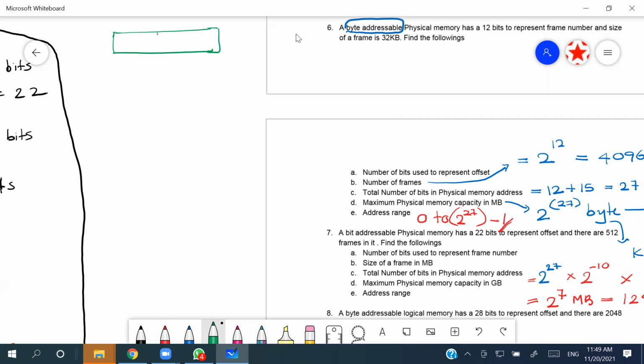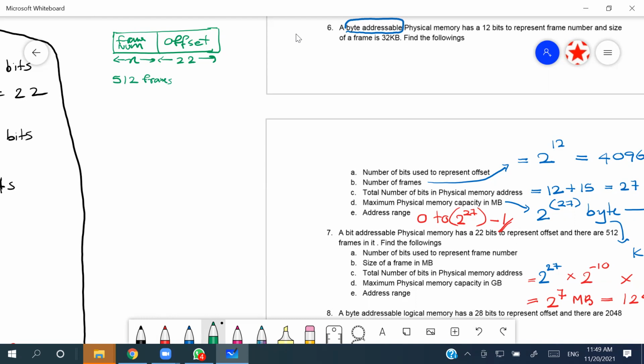So the offset has 22 bits, and we don't know the frame number, so let's take it as X. And it says there are 512 frames in it.